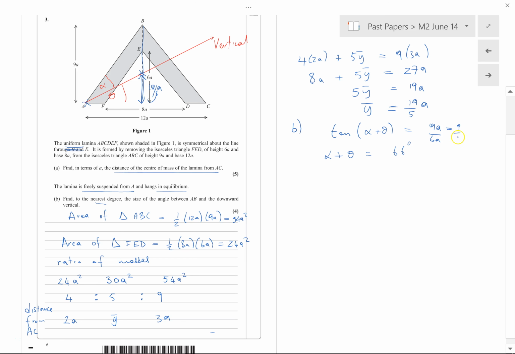So that's 9 over 6. So the whole of that angle, I knew the 66 wasn't right. Okay. So the whole of that angle is equal to 56 degrees.